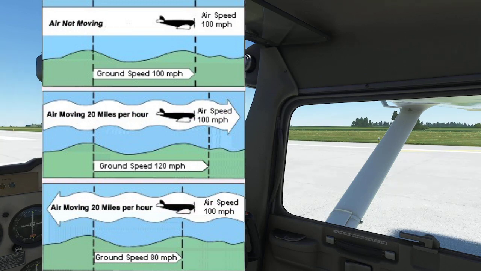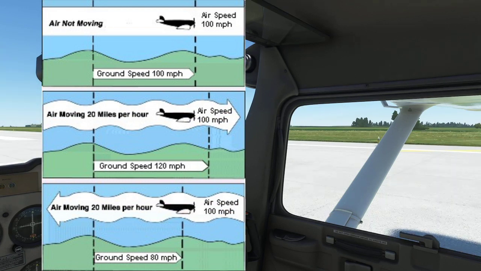So if you're flying on a perfectly still day, and the wind is calm, your airspeed is going to match what you see on your airspeed indicator for the most part. So if we're flying at 100 knots, I know it says miles per hour here, but just pretend like it's knots, then our ground speed is going to be 100 knots because the winds are calm.